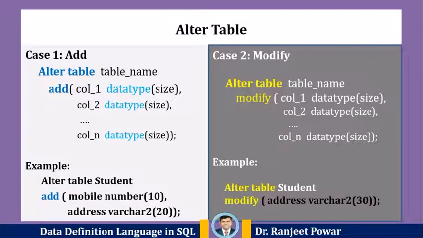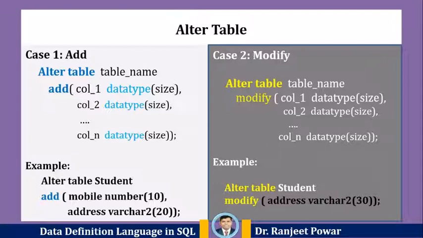A DBA can make changes to table structure or column definition after the table has been created in the database. The DDL command alter table is used to perform such actions. The alter table statement is used to add and modify columns in a table.